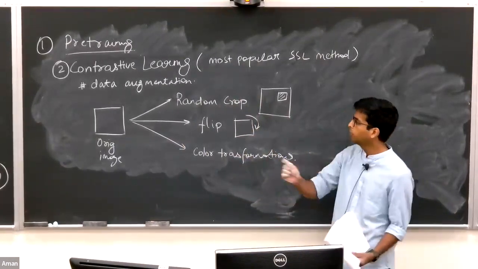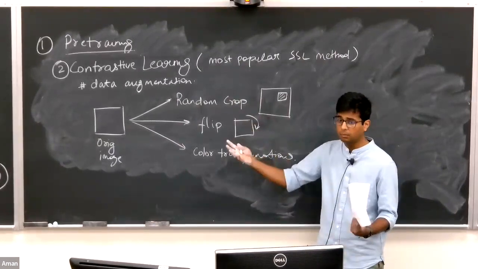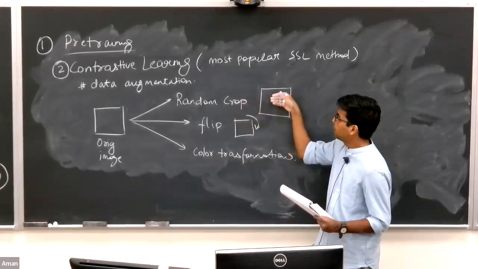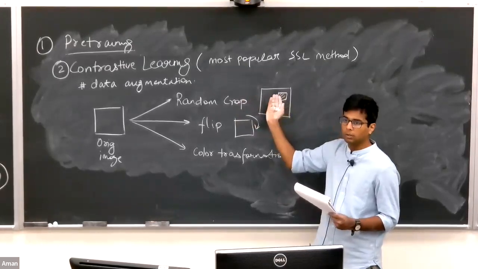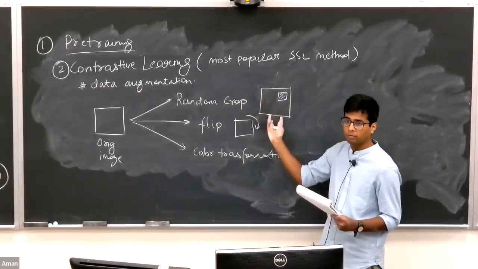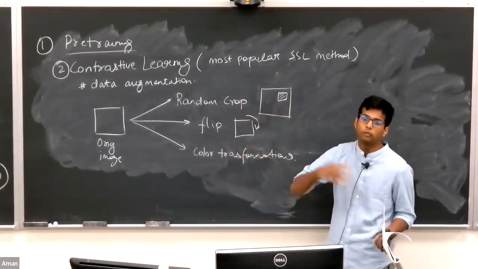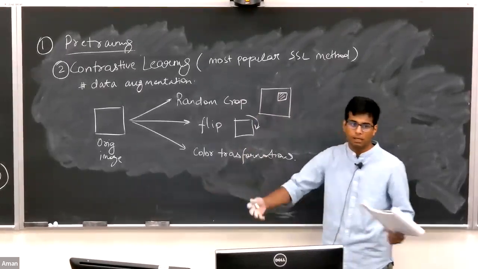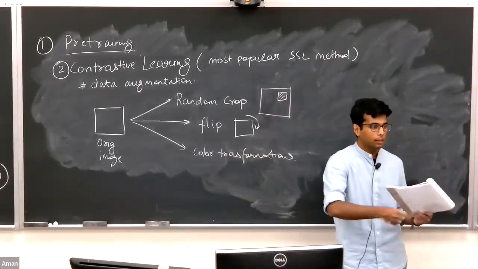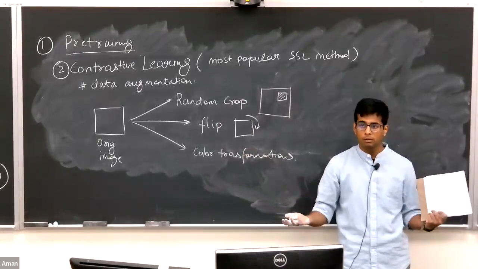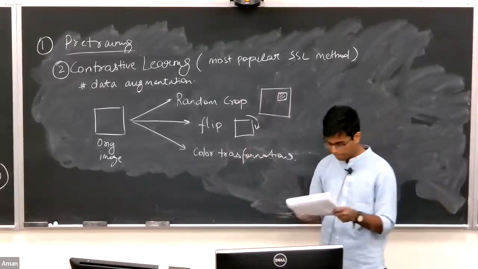Having the same data point, if you apply all of these transformations randomly, you can have a random crop which is flipped but also color transformed, a random crop which is a different area but is not flipped. So you can create various views of the same data point. That's what data augmentation does: you give one data point and it generates different views of the same data point with the same information, but in different formats.